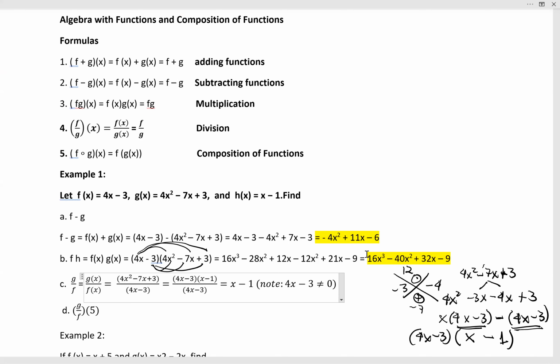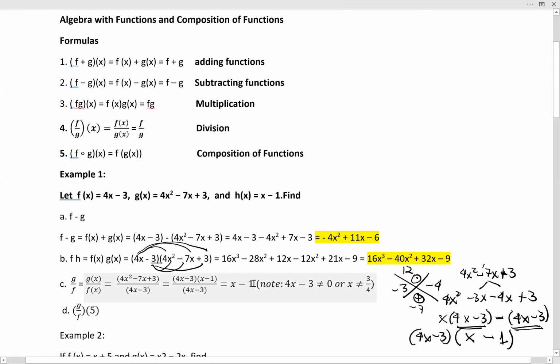What it means is x cannot be equal to 3/4. So yeah, that is the answer for part C, which is x minus 1, and you have to know that the requirement for this case is x cannot equal 3/4.